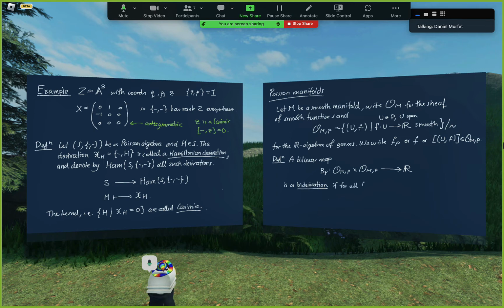It's almost the same condition we talked about earlier, except remember the Poisson structure lands not in real numbers, but in functions. So if f, g, and h are in the ring of germs, B_P(fg, h) is f_P B_P(g, h) plus g_P B_P(f, h), and similarly in the other variable.